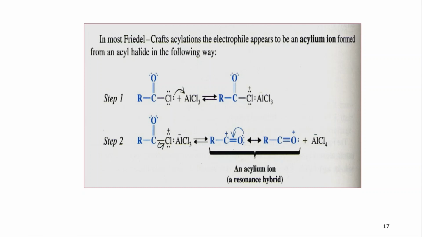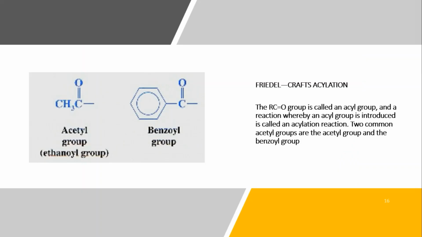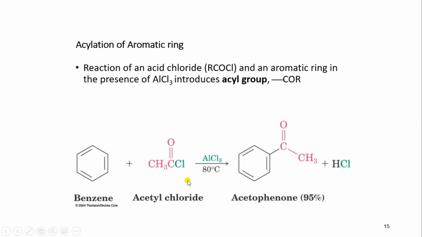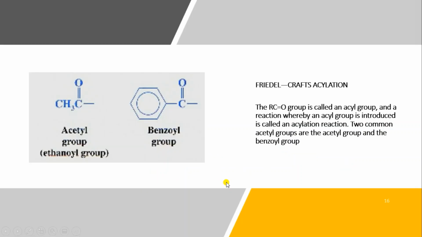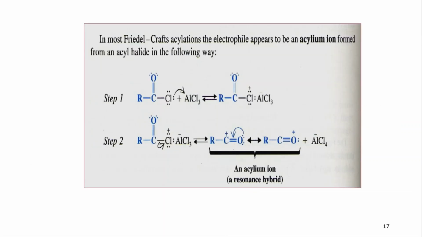Though it is already polarized, it is further polarizing this bond, and then we have the complex formation. There is one other difference, because here there is an acylium ion formation. You already know that the acylium ion is RC triple bond O positive.